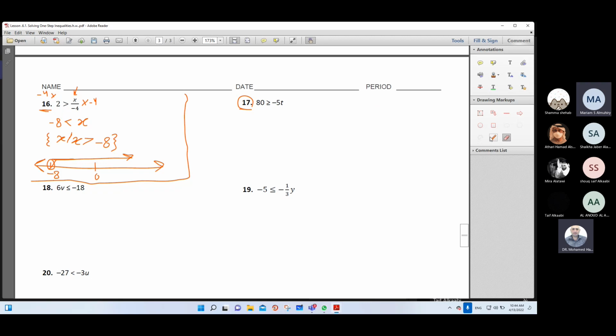T greater than or equal to negative 16. Repeat, please. T greater than or equal to negative 16. What is your name? Maryam Al Muhairi. Thank you, Maryam. Who has a different answer?